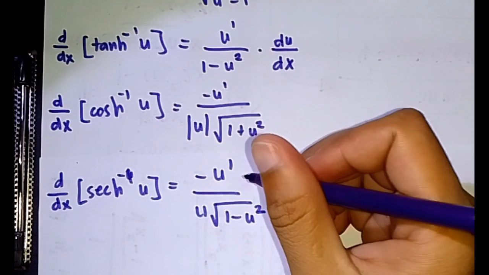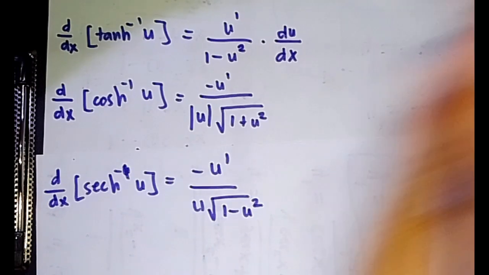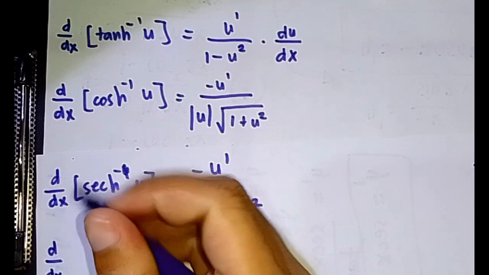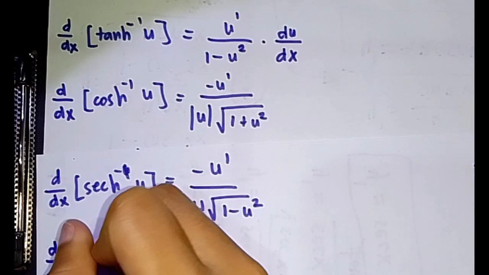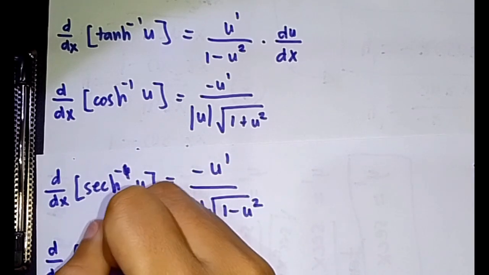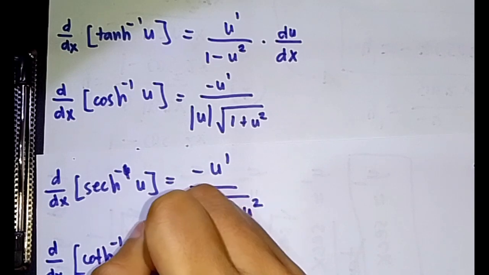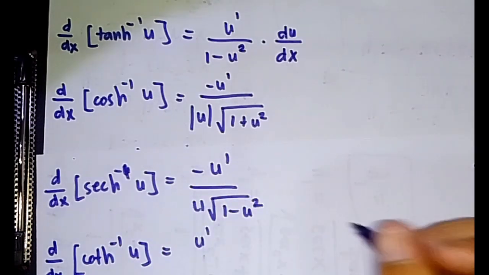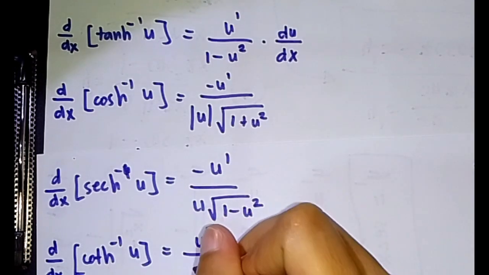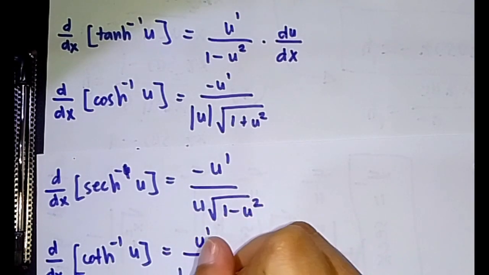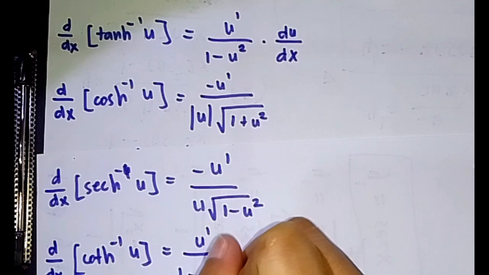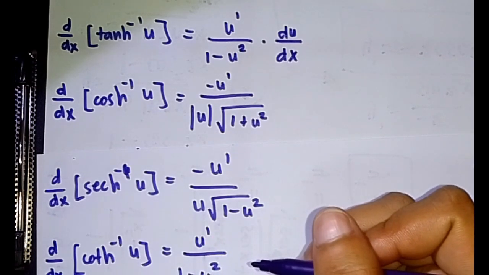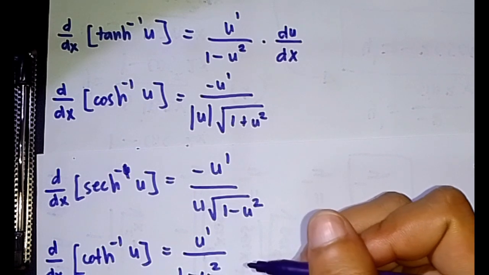And the last is the derivative of the inverse hyperbolic cotangent function of u, which is equal to u prime over 1 minus u squared, exactly the same as the inverse hyperbolic tangent function of u.